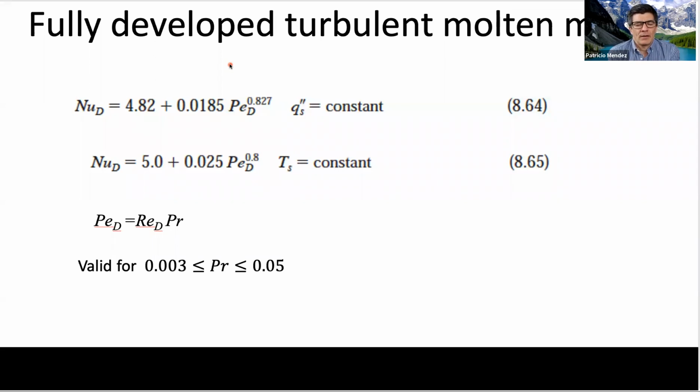As the fluid flow is smaller and smaller, we would have a smaller Reynolds and a smaller Prandtl. So the heat transfer would be lower. However, we're talking about turbulent molten metals in which conduction still matters.